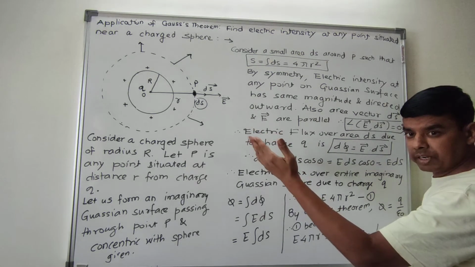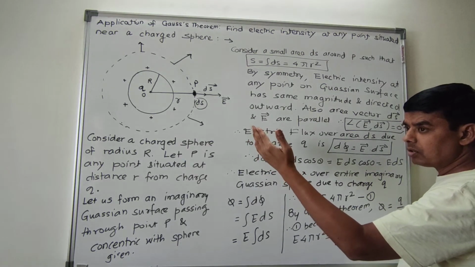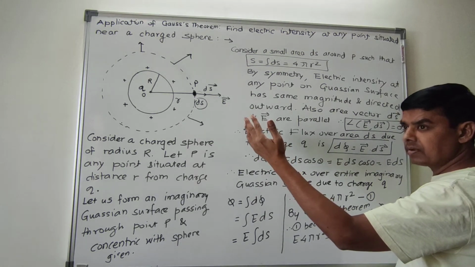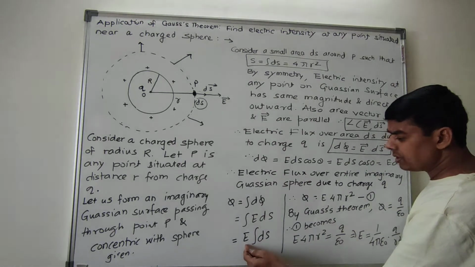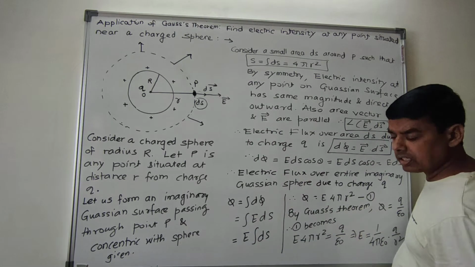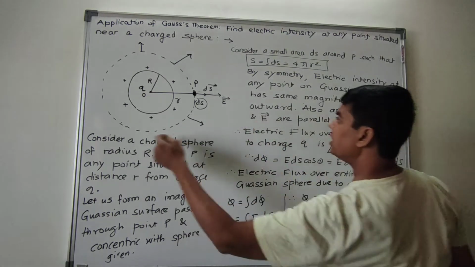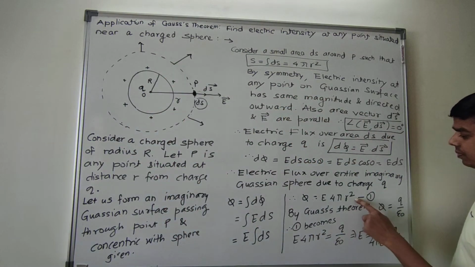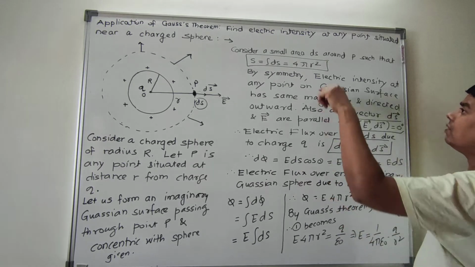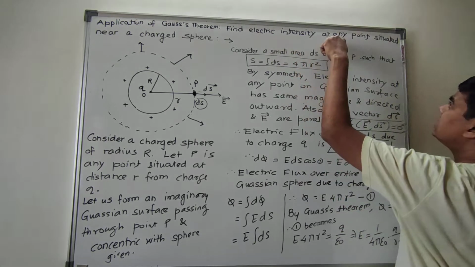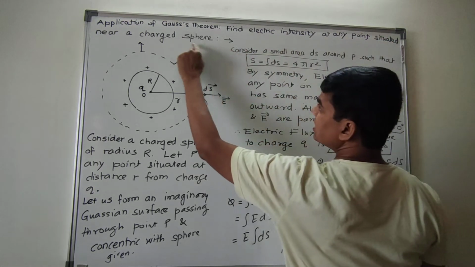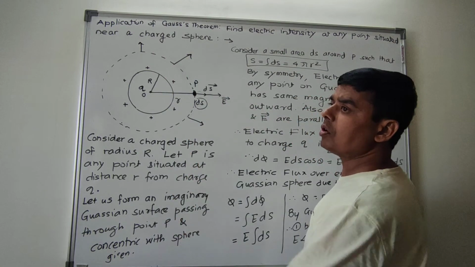And as it is a symmetrical figure, at every point on the Gaussian surface the electric field is the same, meaning E is uniform, so we take it out of the integration, and the integration of ds is 4 pi r square, the area of this surface. Now our job is to find the electric intensity with the help of Gauss's theorem.